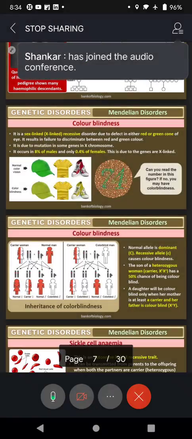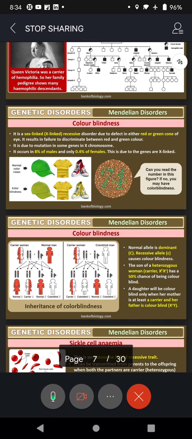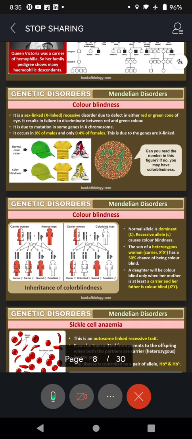Under this chapter, we were discussing yesterday a very important topic called genetic disorders. Under genetic disorders, we said there will be two types: one is Mendelian disorders and another is chromosomal disorders. And under Mendelian disorders, yesterday we studied about hemophilia.